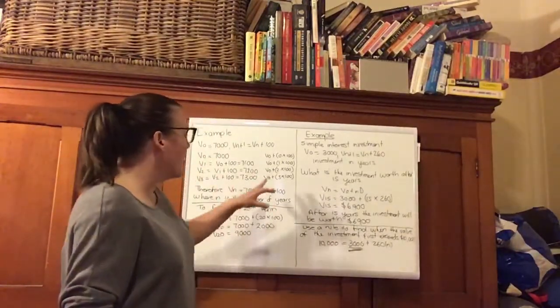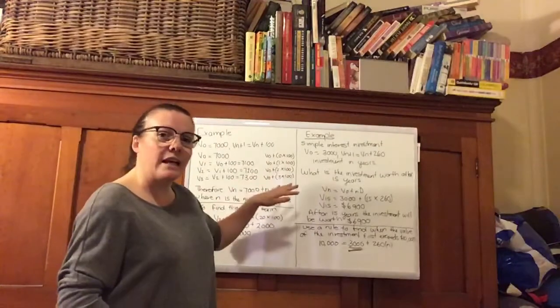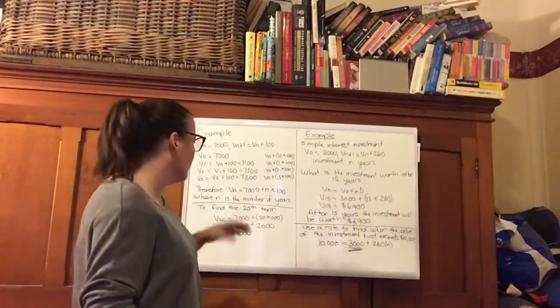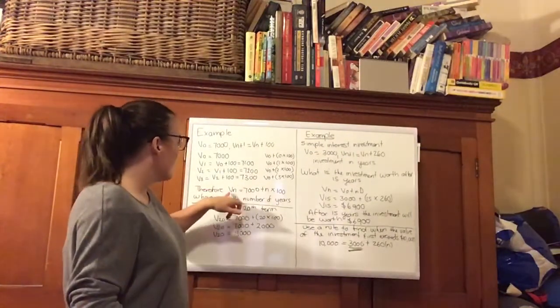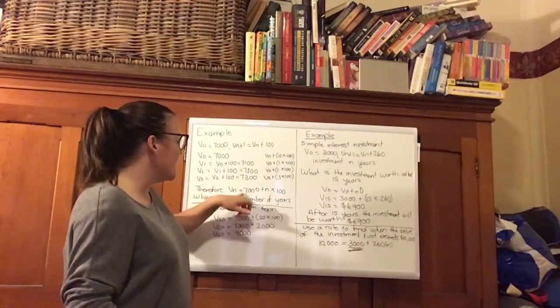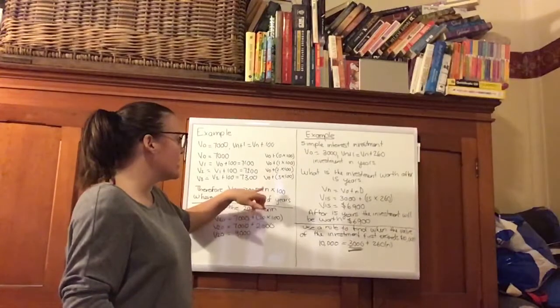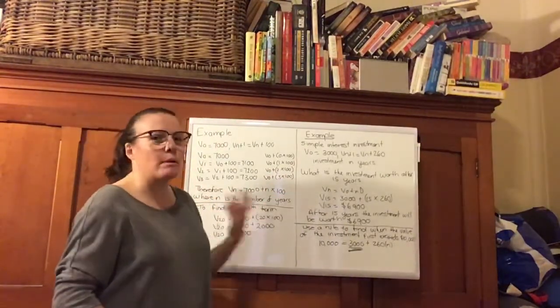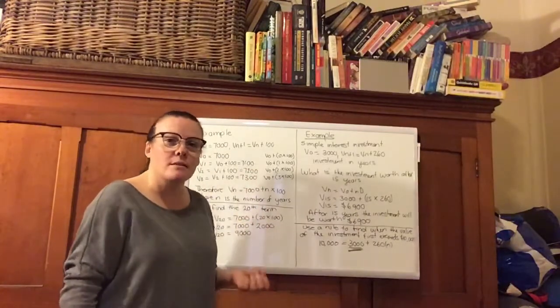And this is where we are going to get our equation for the nth rule. Basically what we're saying is Vn is equal to 7,000 plus n times 100, and n represents the number of years.